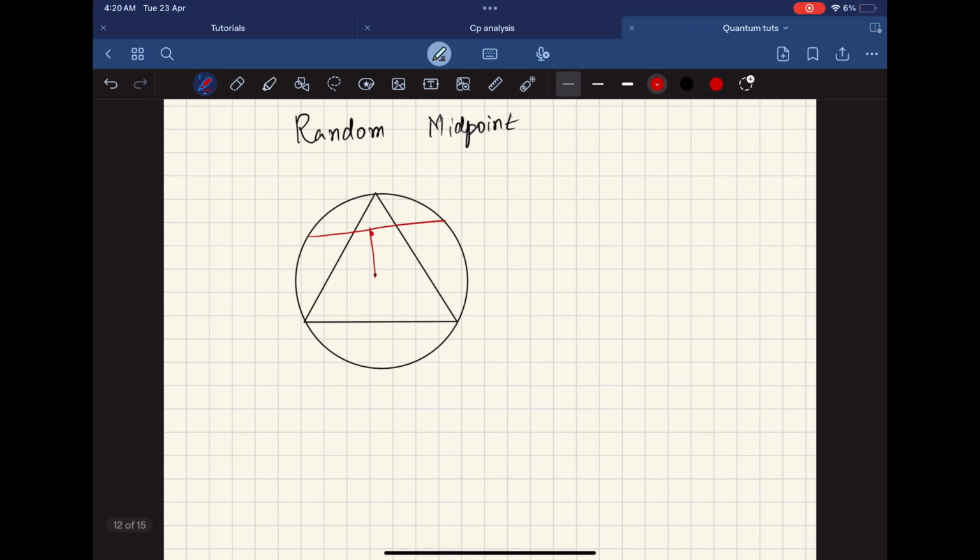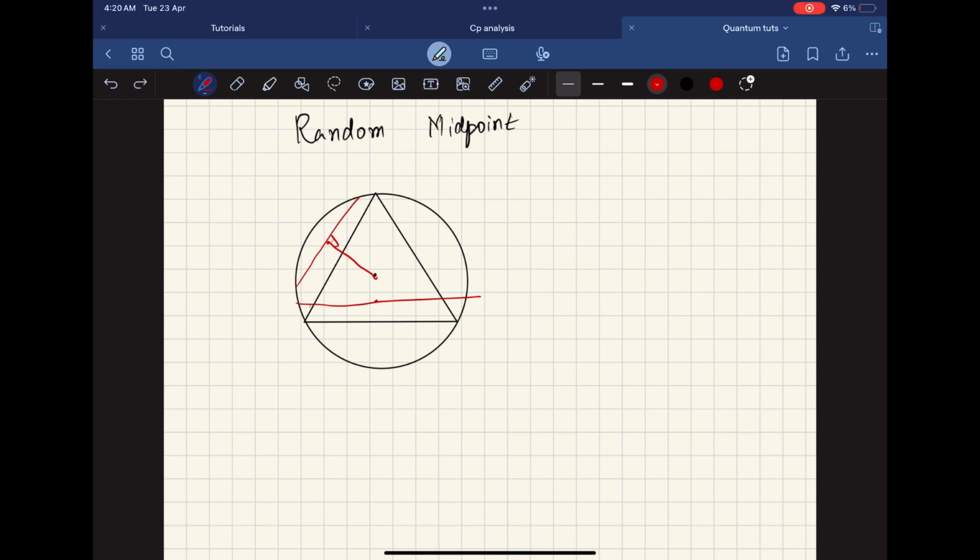So if I have a midpoint, I can generate my unique chord. Let's look at the cases. If I take my midpoint to be here, I can generate a chord like this, which is perpendicular to the radius of the circle joining the center and the midpoint. Similarly, if I have my point here, my unique chord is this one. If I have my point at my center, my unique chord is a diameter.